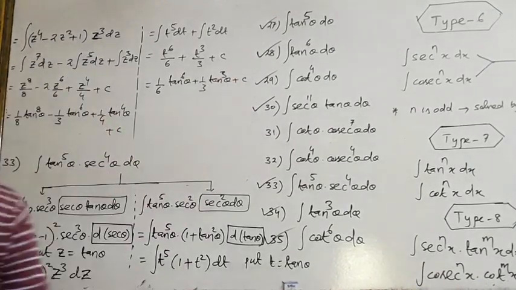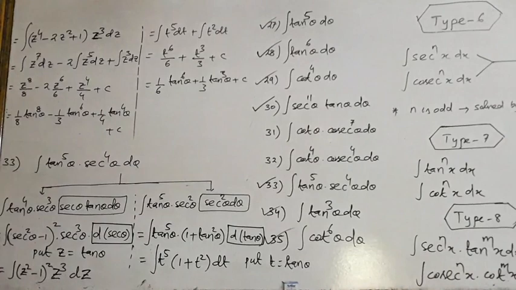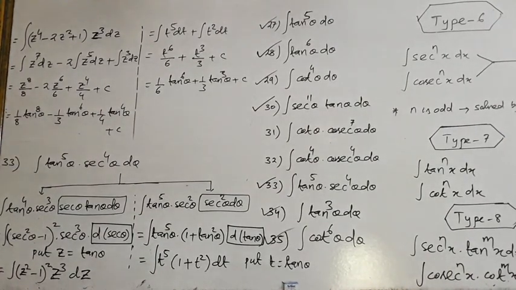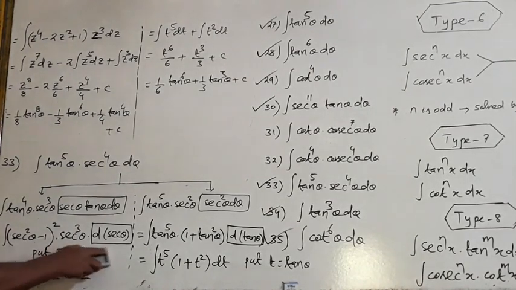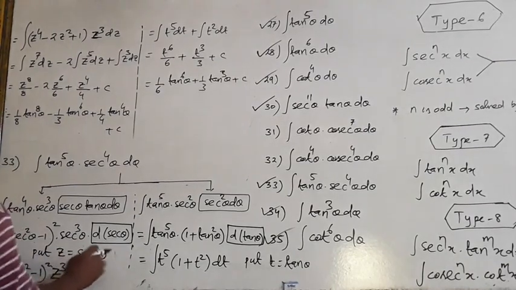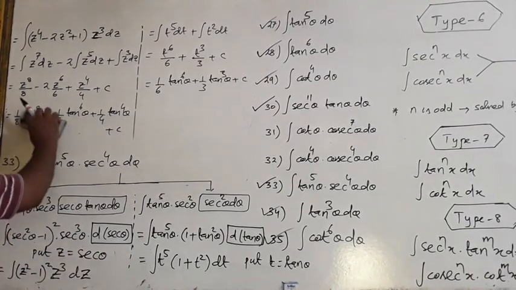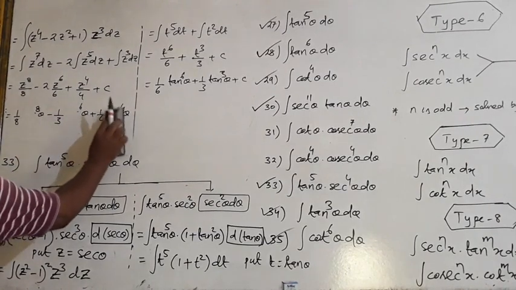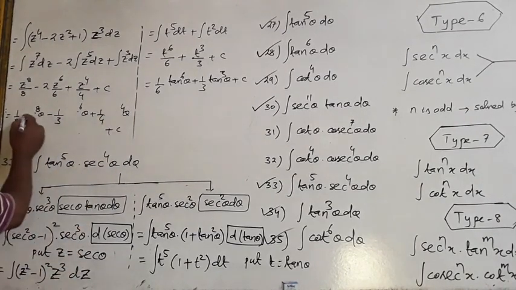Now look here. Here we have to put z is equal to sec theta. So here the answer is total in the form of sec, and there the answer is total in the form of tan.